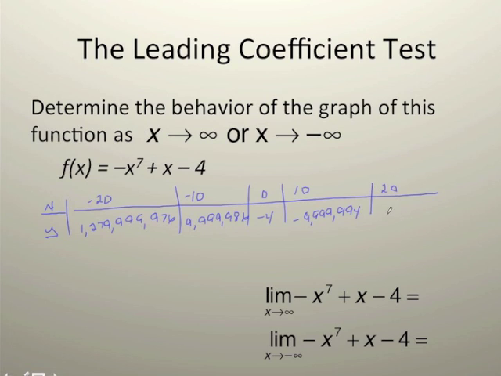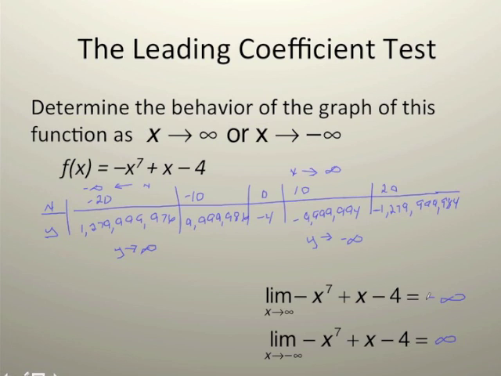And 20 is negative 1,279,999,984. So as x is going to infinity, whoops, this was a negative, y is going to negative infinity. And here, as x is going to negative infinity, y is going to infinity.